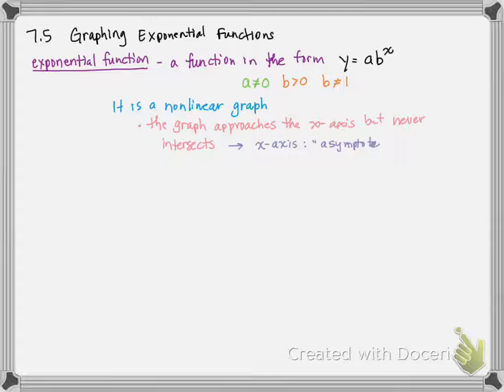But on the other hand, your graph should cross the y-axis, or should intersect the y-axis. So we're going to have a y-intercept. And remember, the x-coordinate is going to be 0, and the y-coordinate is the y.